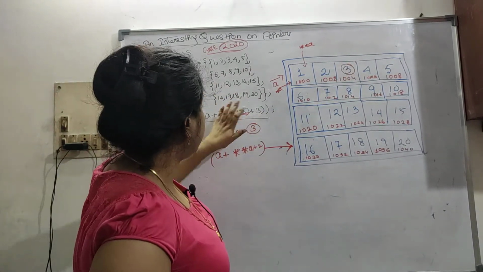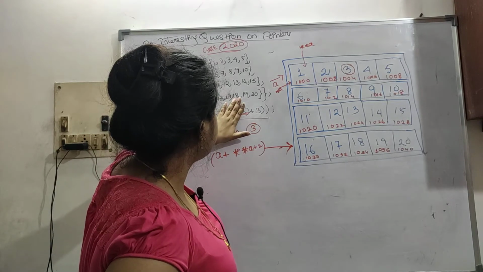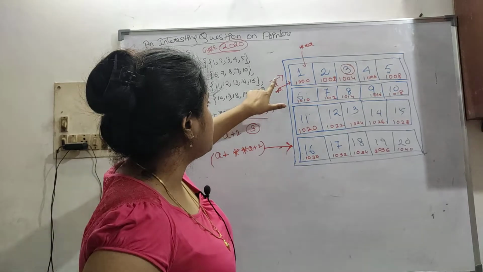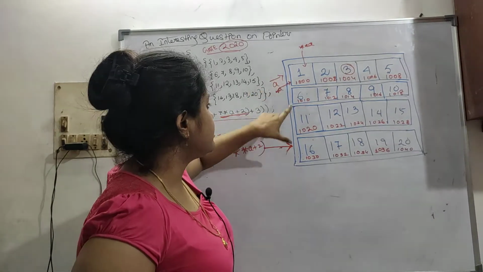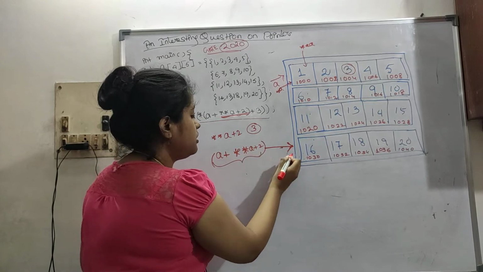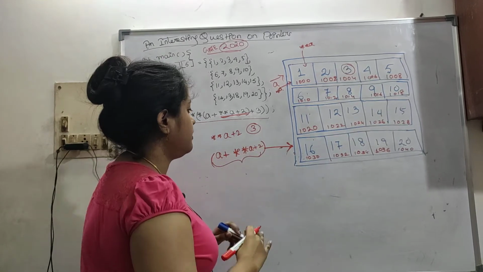Imagine this is replaced by 3. So a + 3 means what? a was pointing here, plus 3: 1 2 3. So this whole thing is pointing here, this part.